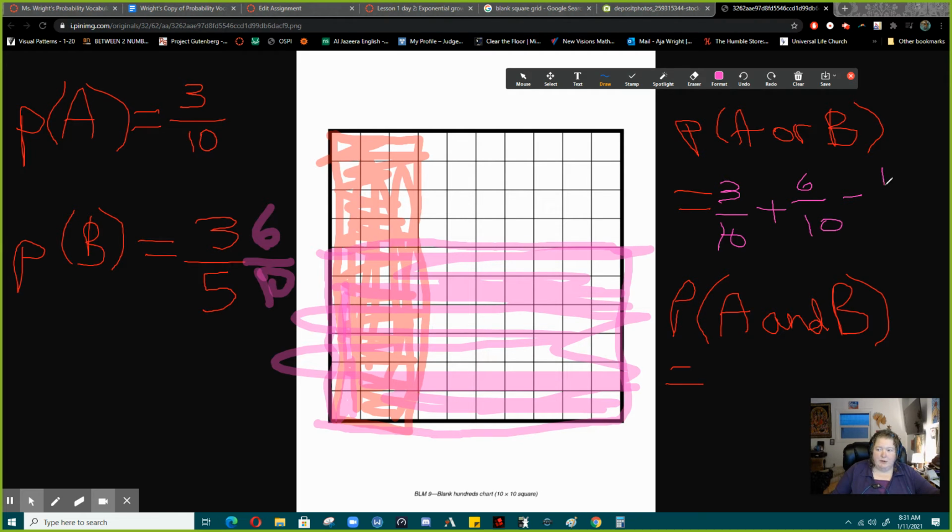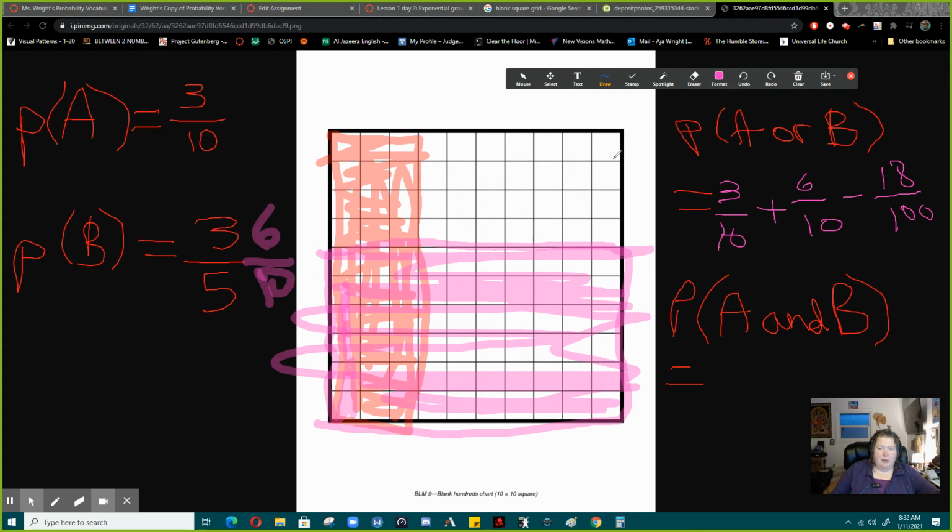So I would need to subtract the double shaded part, the 18, out of 100. So my probability of A or B being in either of these shaded sections is, I just add the two together, but then I have to subtract away the double counted part. If I want to know the probability of A and B, then that's the overlapping part.